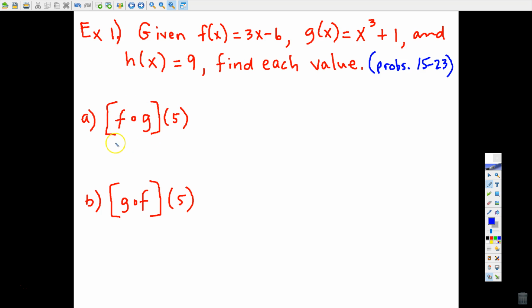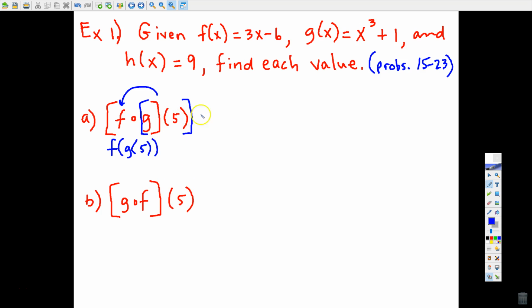It could have just as easily been written, and some textbooks will do it this way, meaning we're going to evaluate the g function using an input of 5 first. Always work from the inside out, or using this notation, you always start evaluating the function closest to the number. And then once we get that result, that number will become the input for this other function.